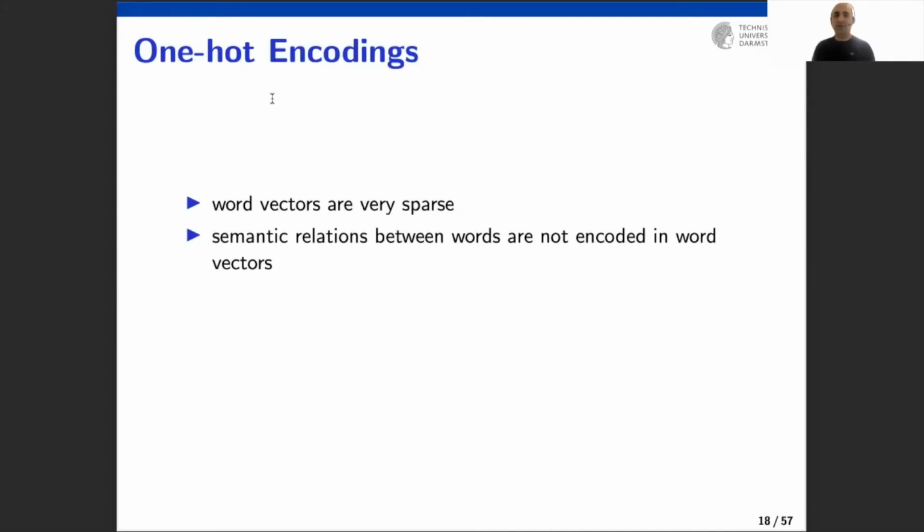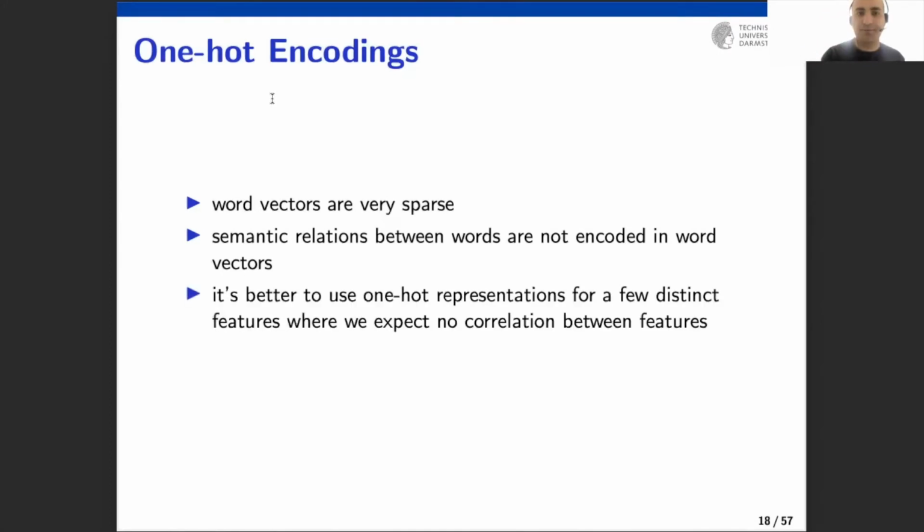The other weakness of one-hot encodings is that semantic relations between words are not encoded in word vectors. We only know which index of a word vector is associated with one word in the vocabulary, but given the vector representations of two words, we cannot check if the words are related or not.